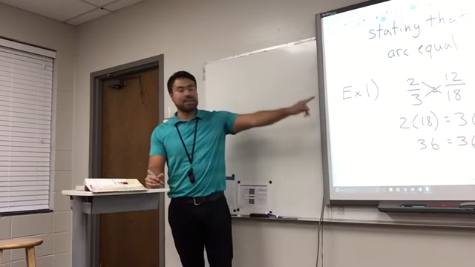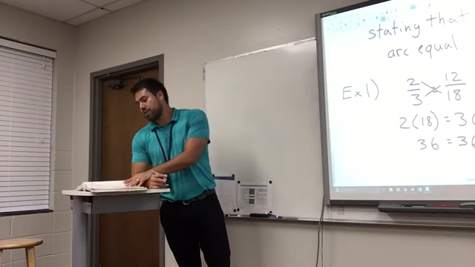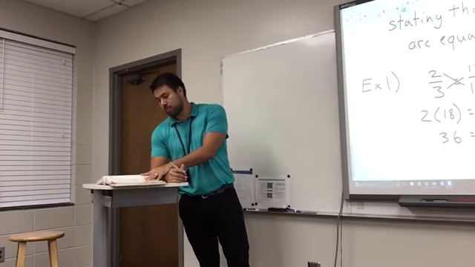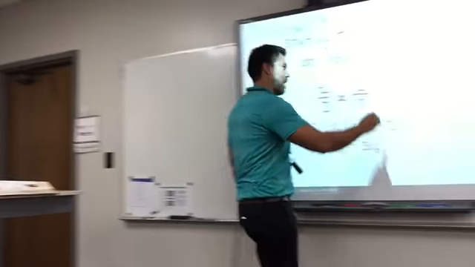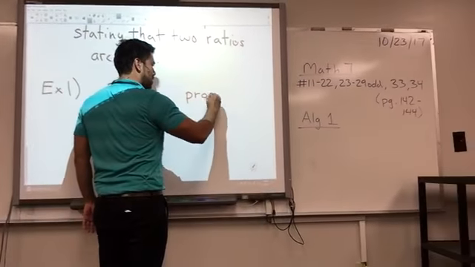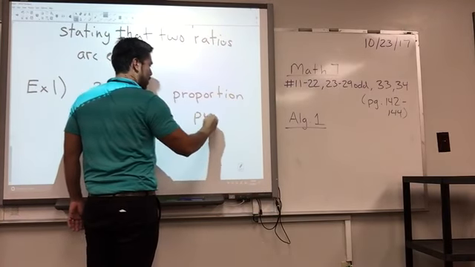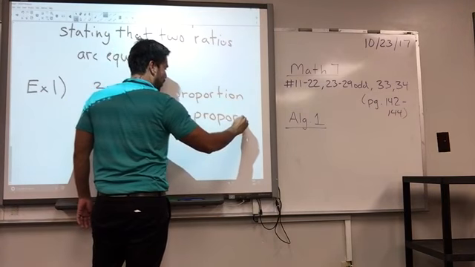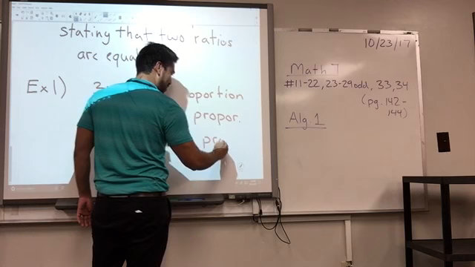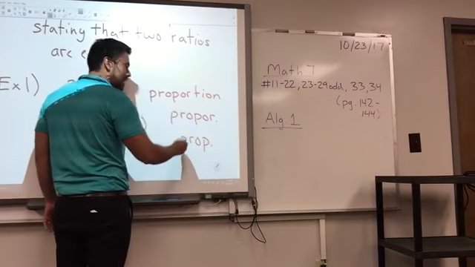Yes. So on this one, use cross products to determine whether each pair of ratios forms a proportion. We would write, you could write proportion, or I'm even going to go with propor or prop. I don't think I'm going to go with prop.